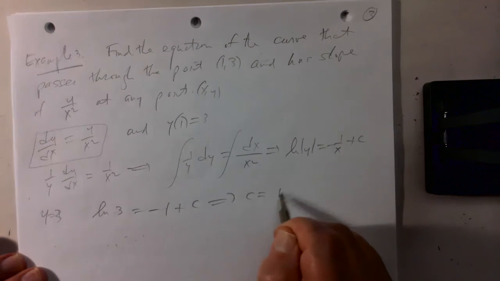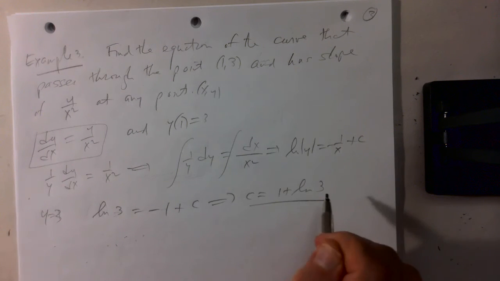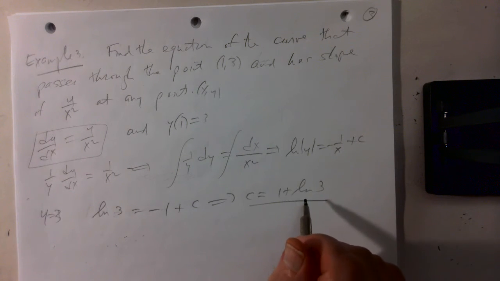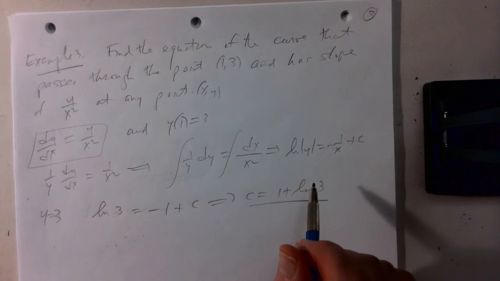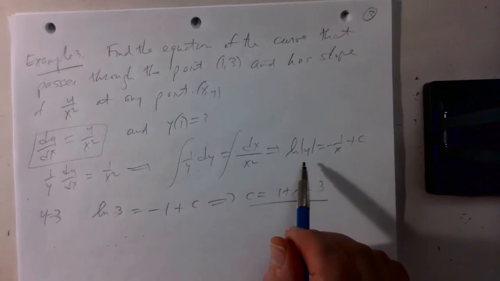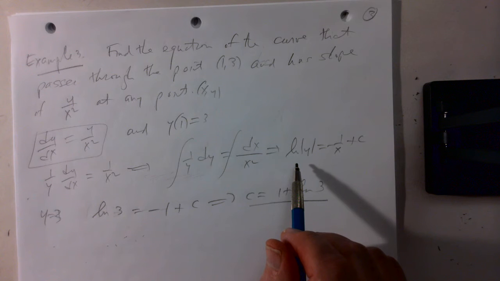So c is equal to 1 plus log 3. That gives me the value of my constant.